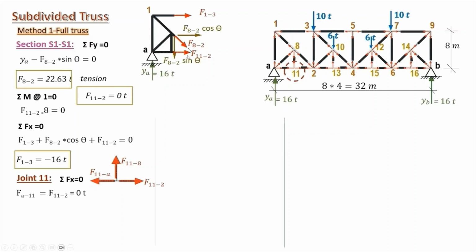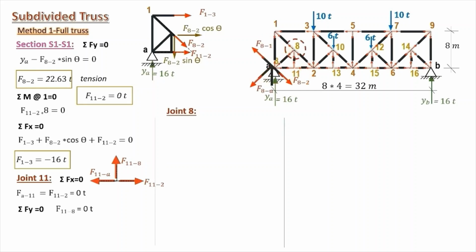We have 11, 2 equals 0, previously computed, and from the equilibrium in the x direction, we conclude that 11, A equals also 0. And taking the forces in the y direction, we have the force in 11, 8 equals 0, as there are no other forces in equilibrium with it.